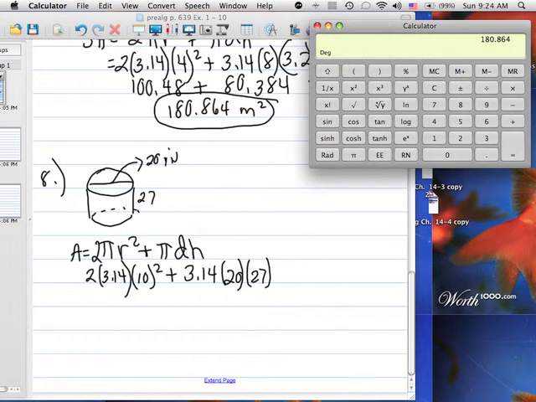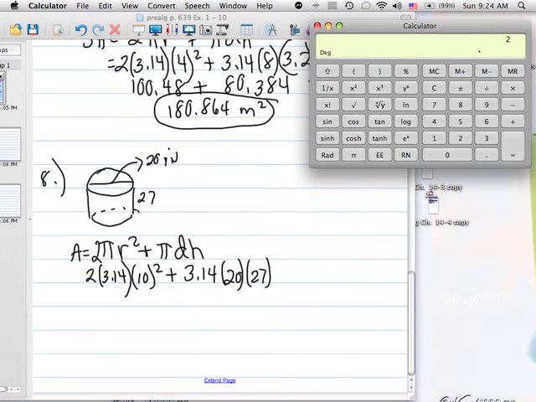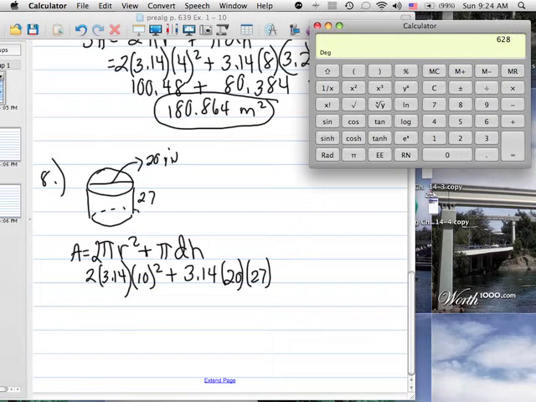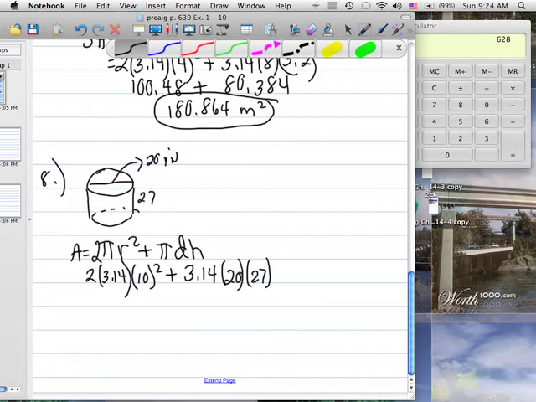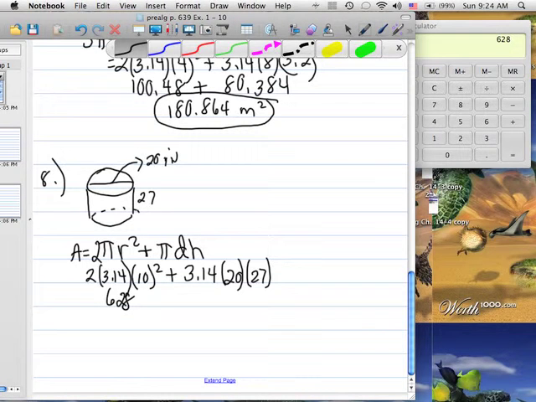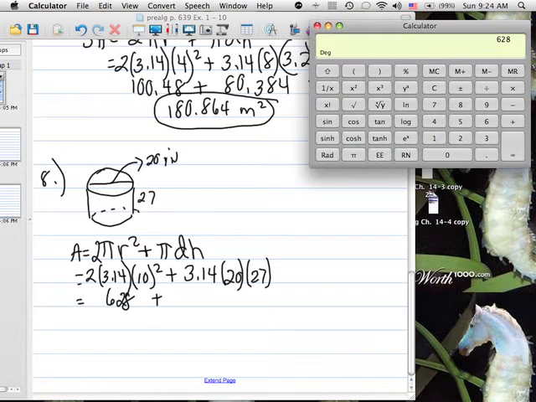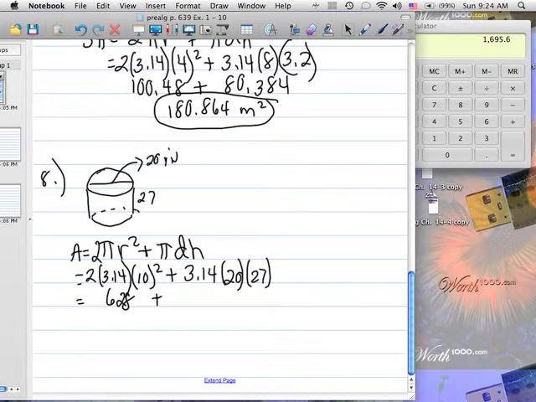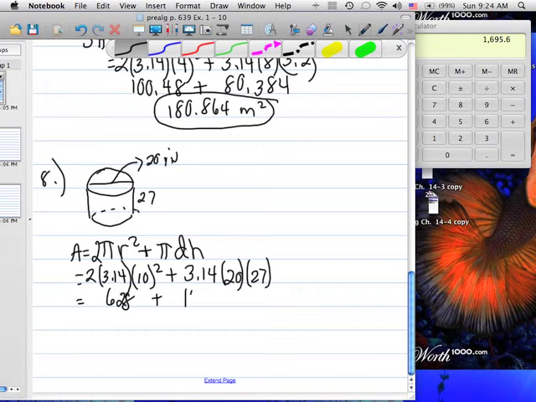So if we just want to use our calculator, it'd be 2 times 3.14, and 10 squared is 100 times 100. Gives us 628. And then the can part, 3.14 times 20 times 27 gives us 1,695.6.